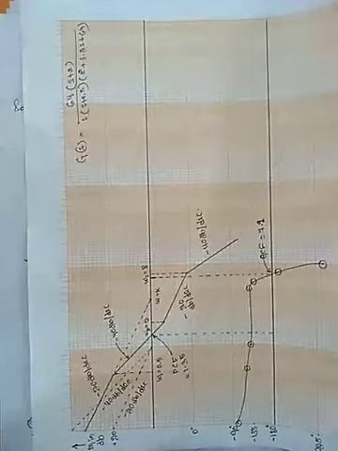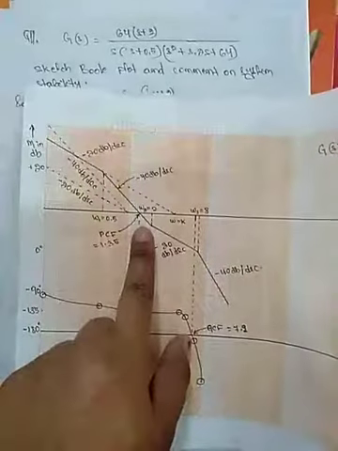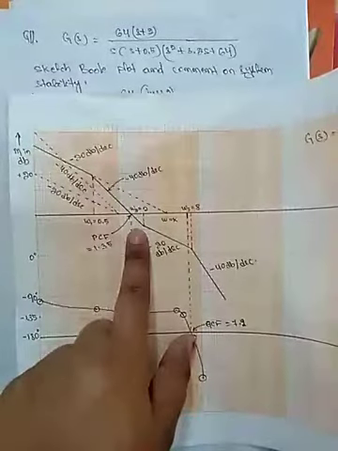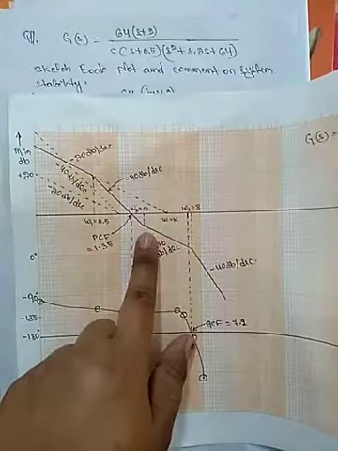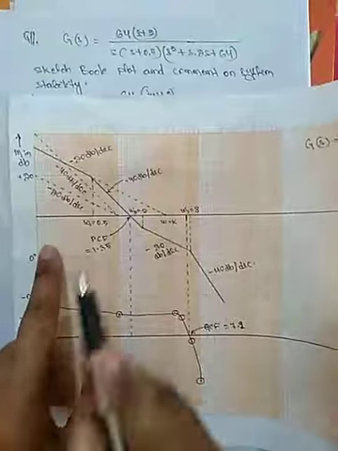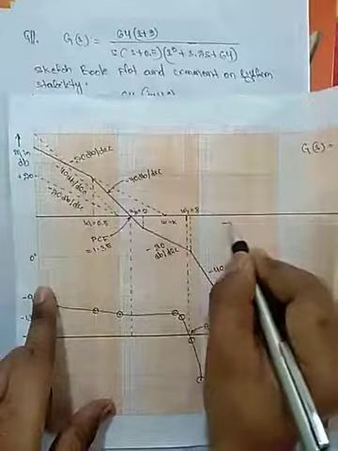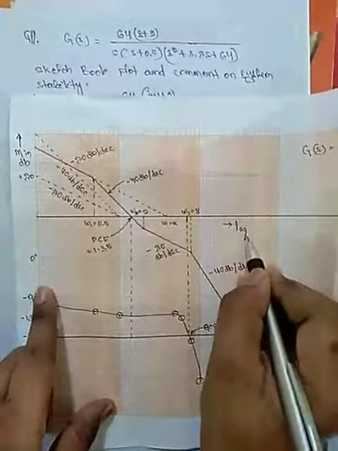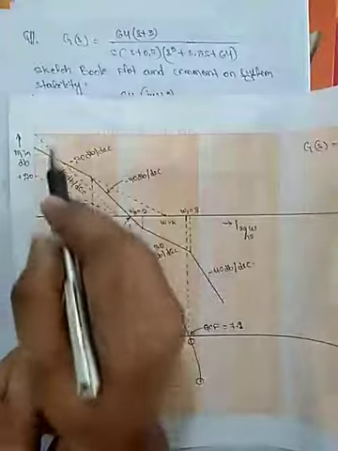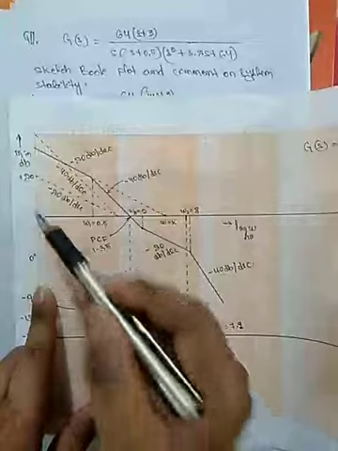So see, the first curve shows magnitude versus frequency. This is the frequency axis, the x-axis is the frequency axis, it is log base 10 omega, and the y-axis is the magnitude in decibel.